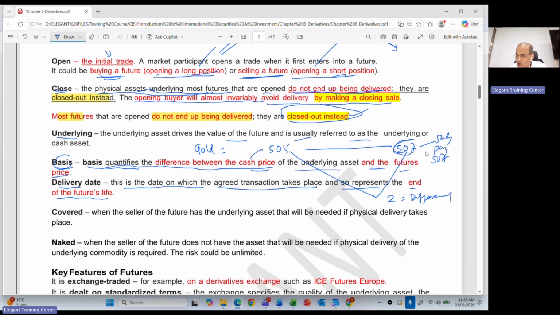Once you close the transaction, that's called the end of the future contract. If you have bought a gold future, you have to either close it or take delivery. So the opening trade which was taken by you becomes closed. So the future contract becomes closed.